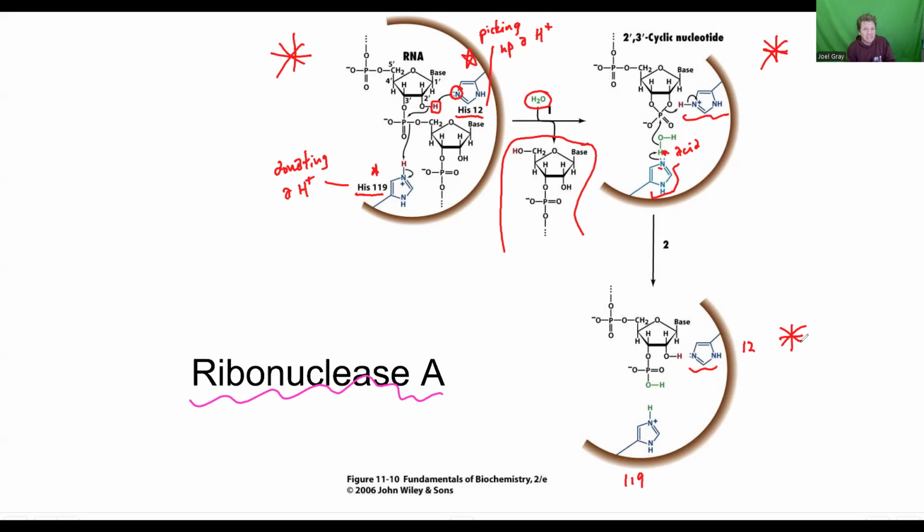Is this general base catalysis, where an amino acid is accepting a proton? Or is this concerted acid-base catalysis, where an amino acid is accepting a proton and then another amino acid is donating a proton? What do you think about that? Answer in the chat what you think it is.